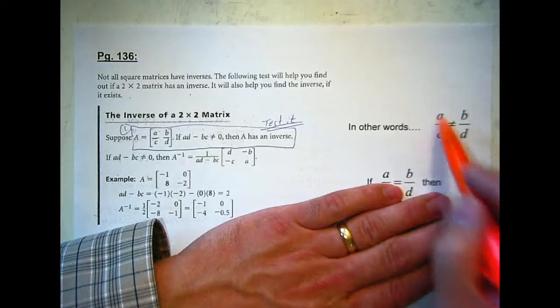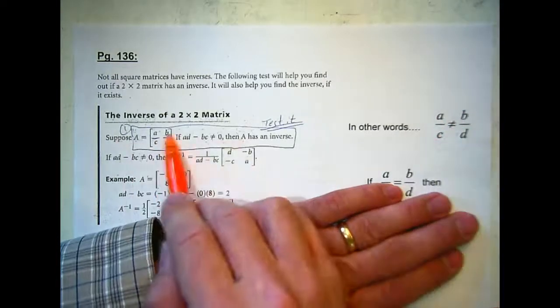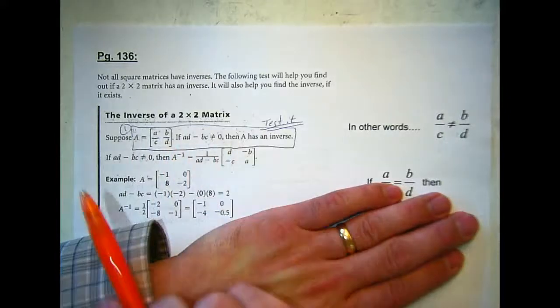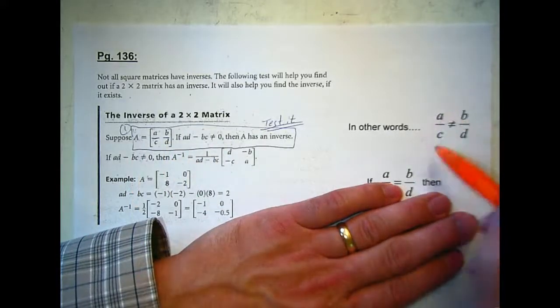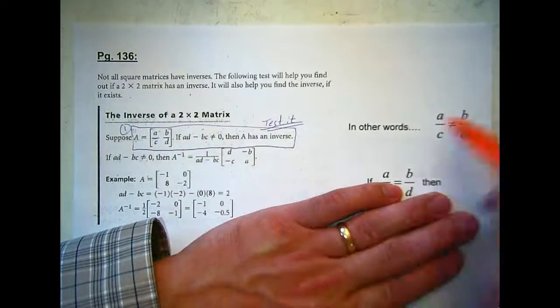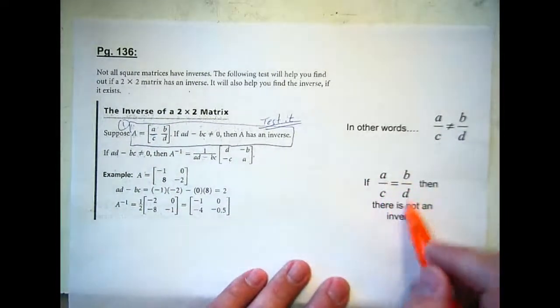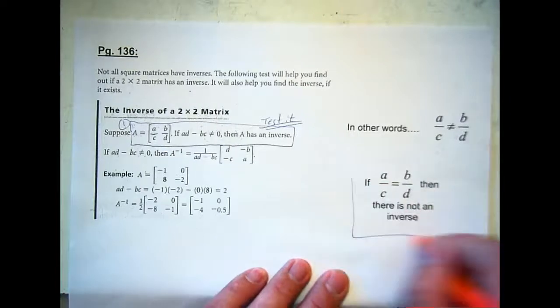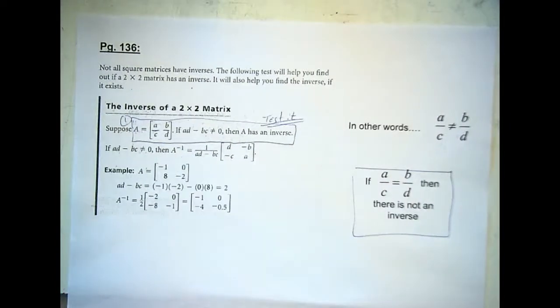You guys remember doing that for direct variations? If A over C equals B over D, then AD minus BC equals 0. So as long as these two fractions are not equal, then you're good. If A over C equals B over D, then there is not an inverse. It does not have an inverse. That is your quick check.